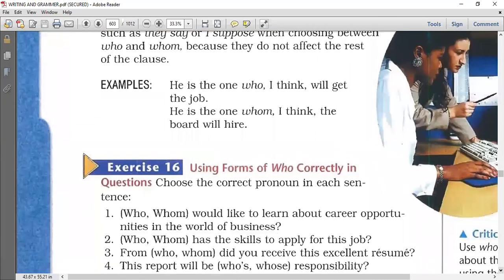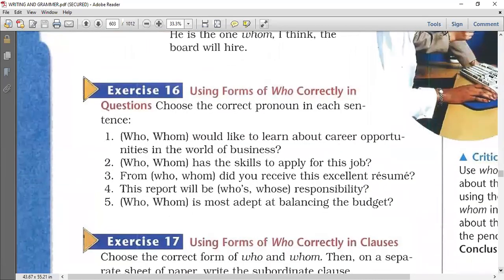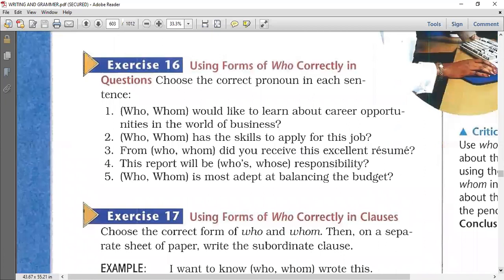Exercise 16. Choose the correct pronoun in each sentence. Use who or whom. Number 1. Who's ready, guys? Yusuf Sahrawi, can you do number 1?